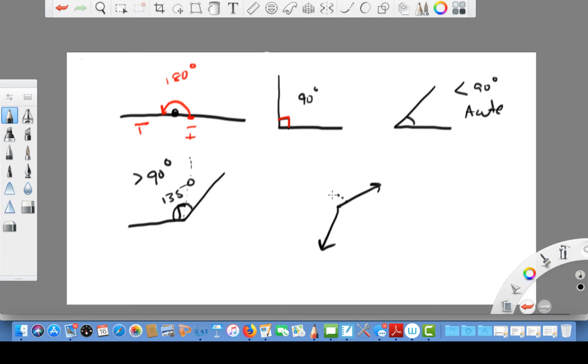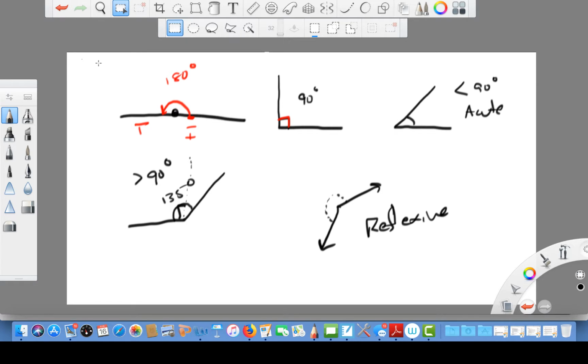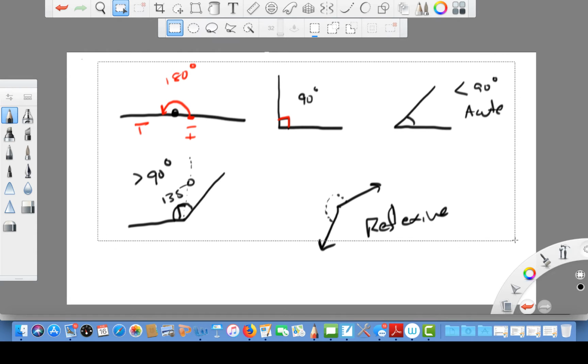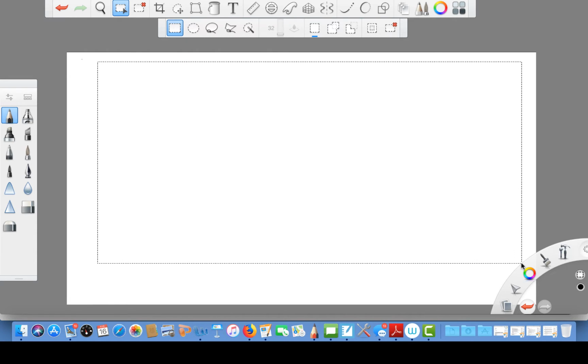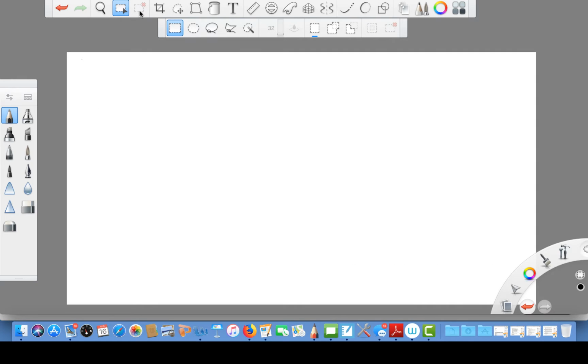This angle right here on the outside is called a reflex angle. All right, so pretty easy to understand, to notate, to signify. And again, we're going to be challenged with using this in greater detail in Algebra 2, not just writing these out. So let's go to the next page.